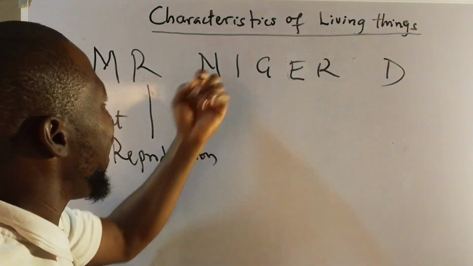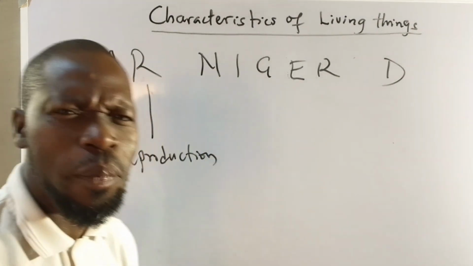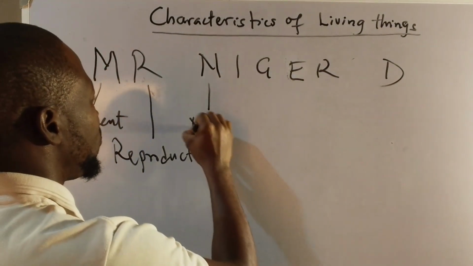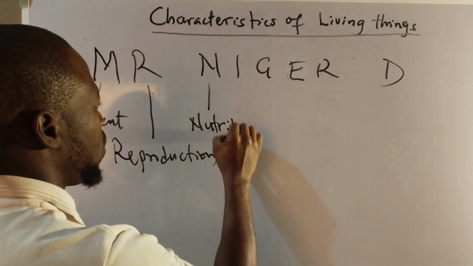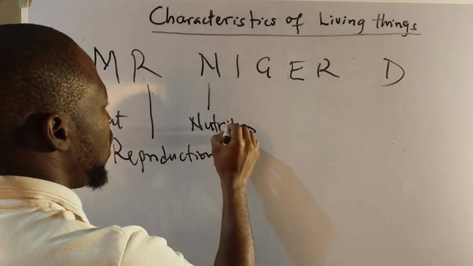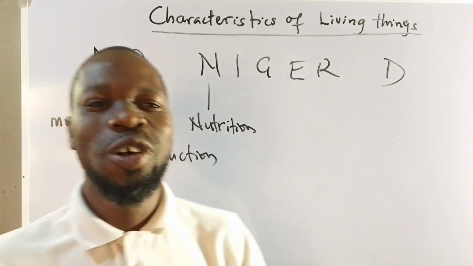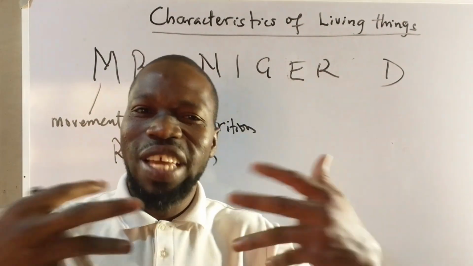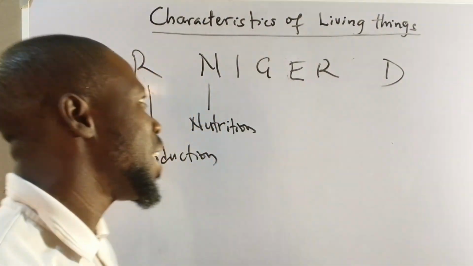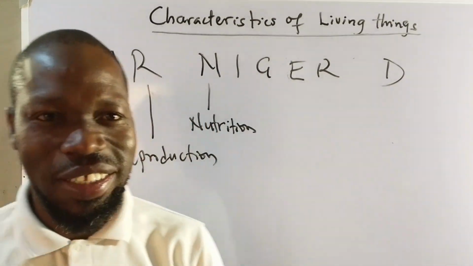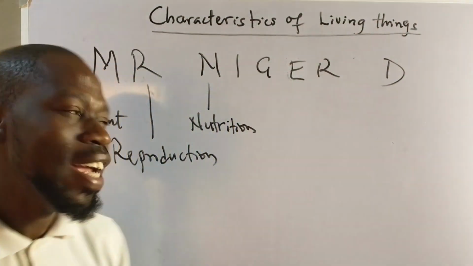And then you have N, which is very important and it's an area of interest to us. And N is what? Nutrition. Any living thing must be able to feed, to get nourished, so that they can grow. All right, I'm already jumping, but nutrition is one of the characteristics of living things, right?